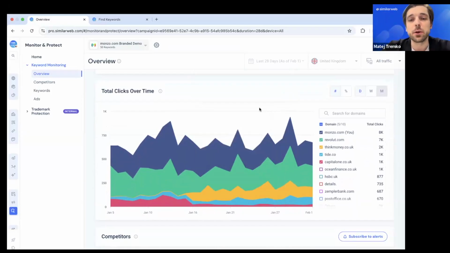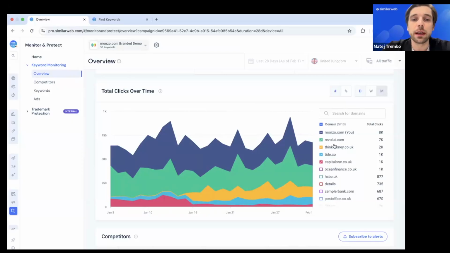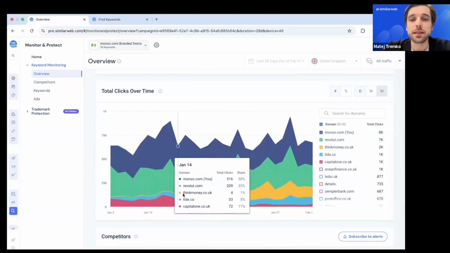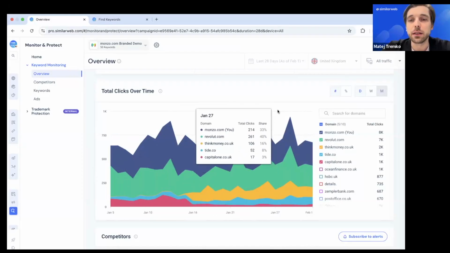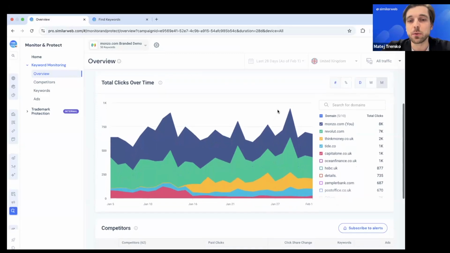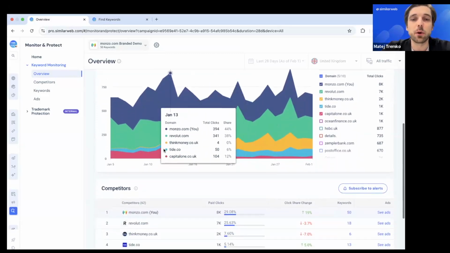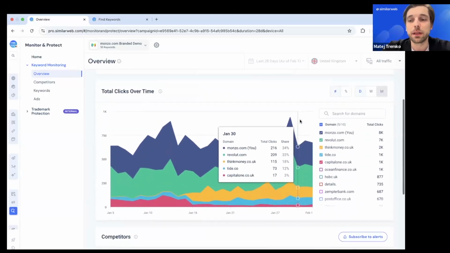Some other insights that you can pull from here is, for example, you see the yellow part of the graph, which represents thinkmoney.co.uk. This domain has not been bidding on Monzo a month ago, but they started bidding pretty aggressively 2 to 3 weeks ago and trying to conquest some of the branded terms for Monzo, as opposed to, for example, Capital One, who used to be bidding more, and now it seems they have decreased their activity compared to the competitive landscape.